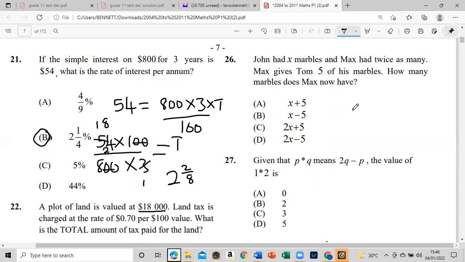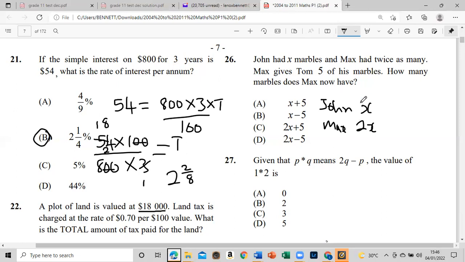Okay, so Max has twice. Because John has x, x represents John and Max has 2x. Alright. So now let's see what happens after that.